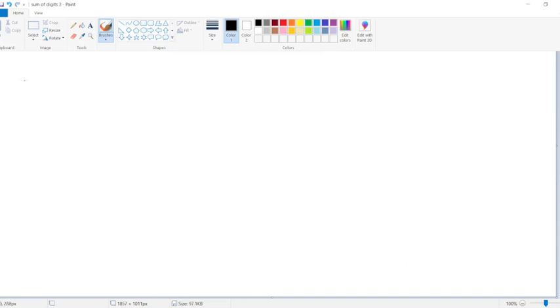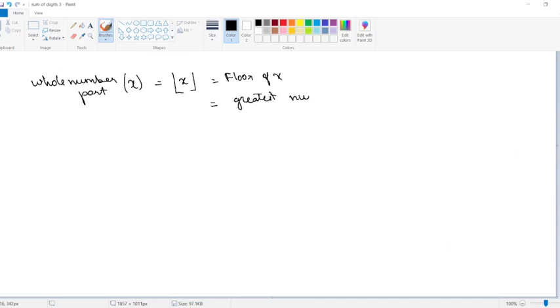Basically, if you have some number x, the whole number part of x, also called floor of x, is basically the greatest number less than or equal to x.